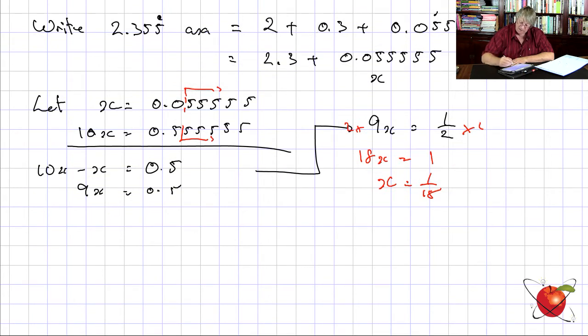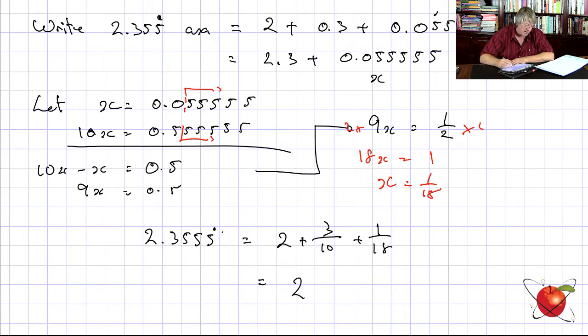So my final answer is 2.3555 recurring is equal to 2 plus 3 over 10 plus 1 over 18. Okay, that comes to 2 and 16 over 45.